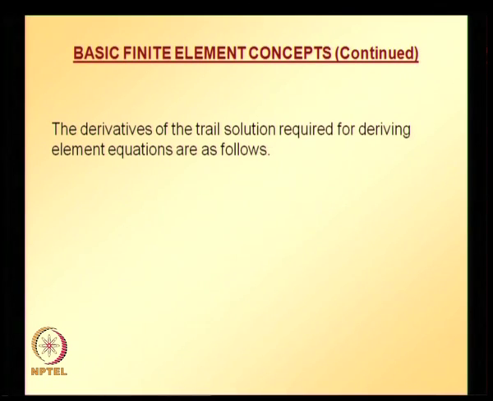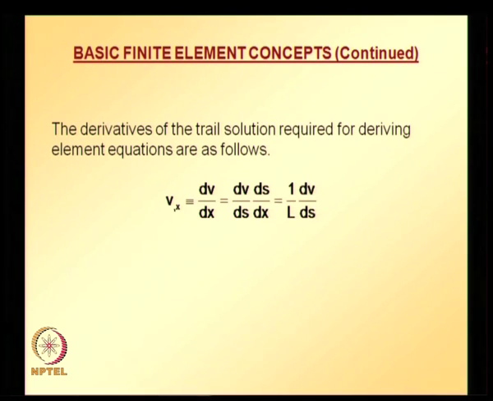What is the derivative of V, the transverse displacement, with respect to x? Using the chain rule we can write dV over dx as dV over ds times ds over dx, which is 1 over L dV ds.